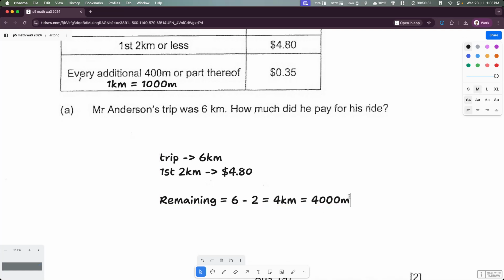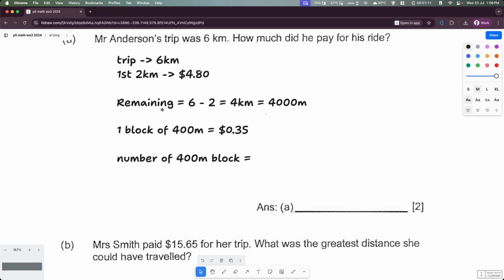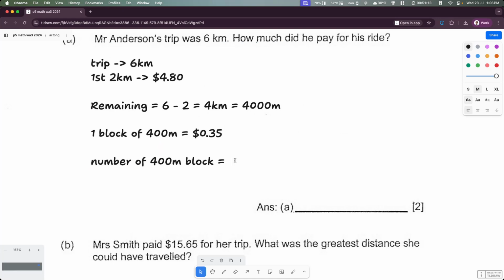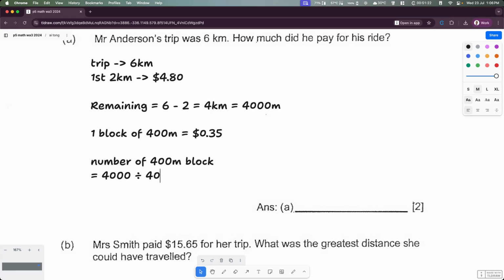So now we know that one block of 400 meters is equal to an additional $0.35. So how many blocks? Number of 400 meter blocks is equal to 4,000, and then we want to divide it by 400, and this is equal to 10 blocks.